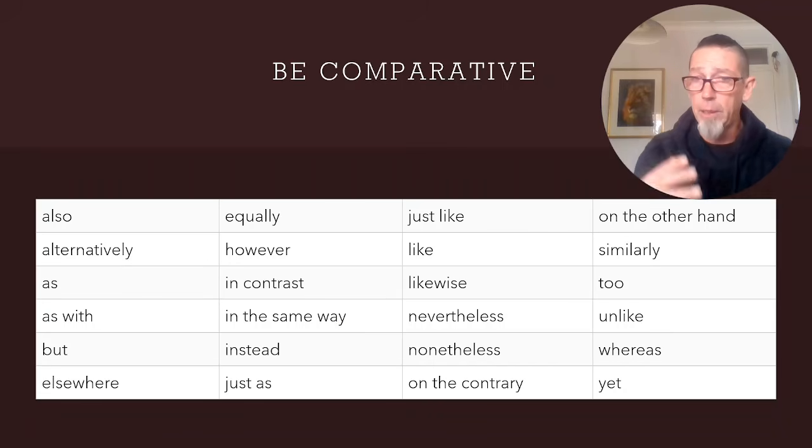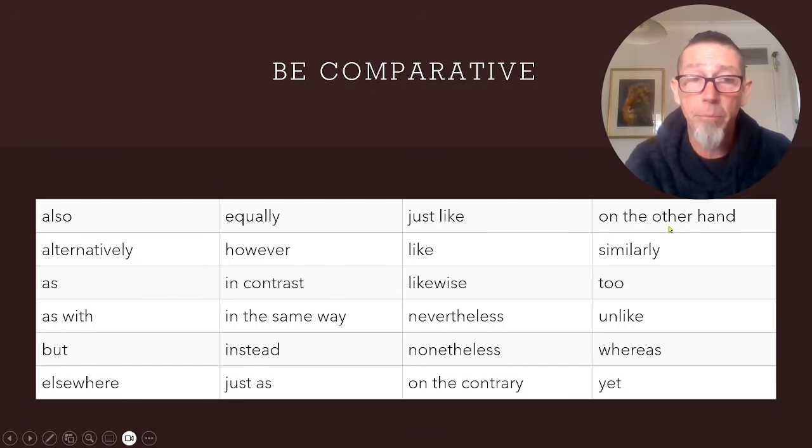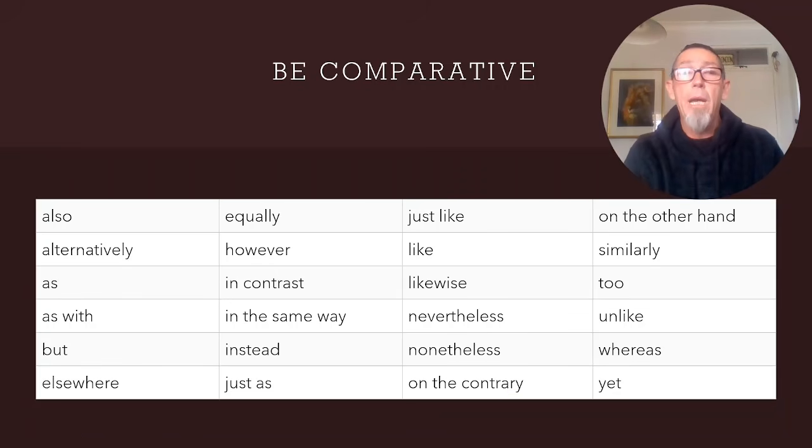Comparative connectives where they are different: on the other hand, however, in contrast, unlike, on the contrary. These are all for when they are opposite, and then you've got the other ones for when they are similar, like just as. So you must know these comparatives.